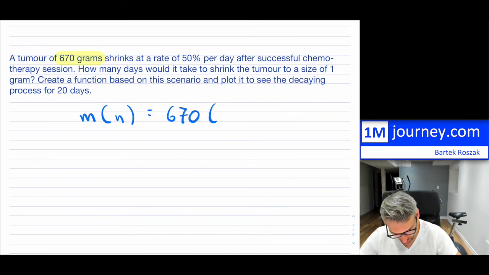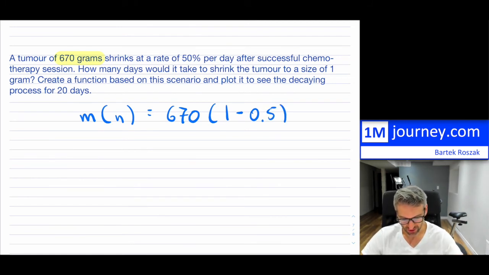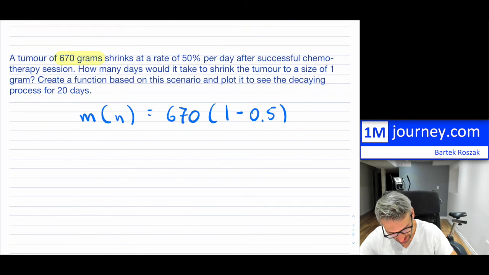Now, it is decaying at 0.5 like this. So this is going to be to the N. We have 670, 1 minus 0.5, that's a half, or 0.5.